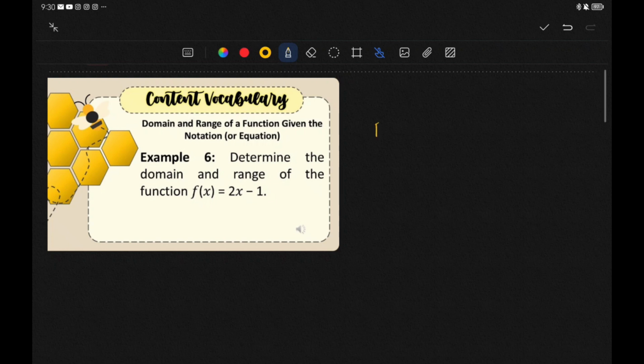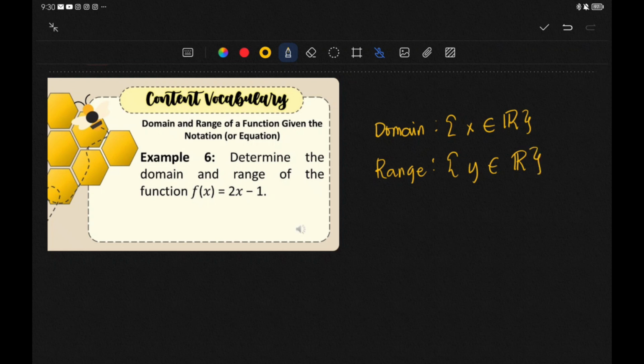So in set notation, we can write this as x is an element of all real numbers, as well as for the range, we can write it as y is an element of all real numbers since there are no limitations. It could be the set of all real numbers.